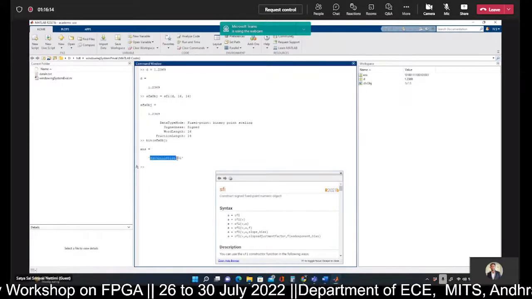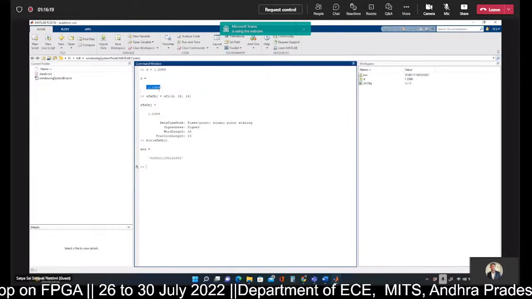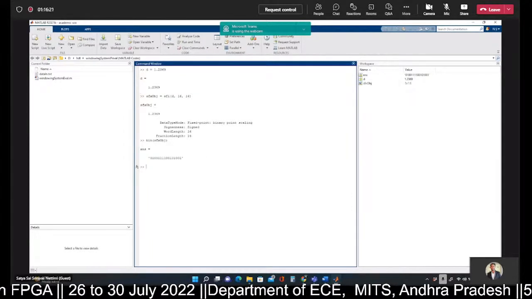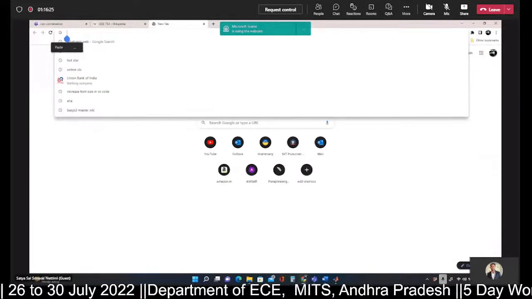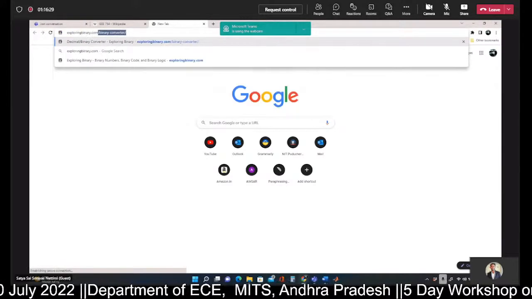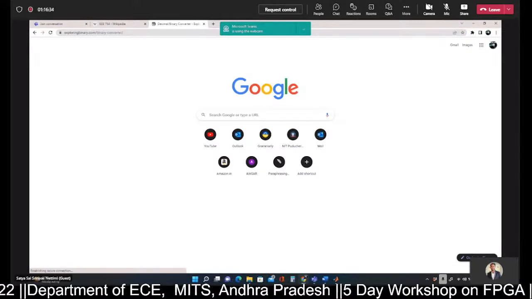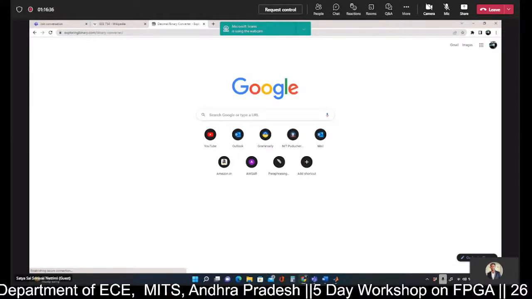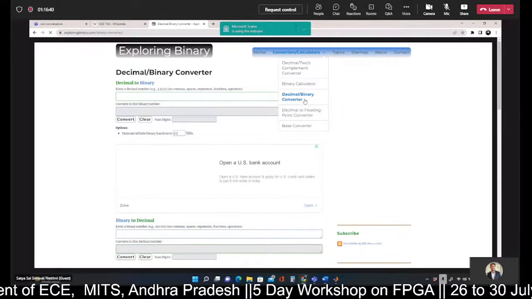So this is a signed fixed point representation of the number 1.2369. For your understanding, let me go to one website, a decimal binary converter.